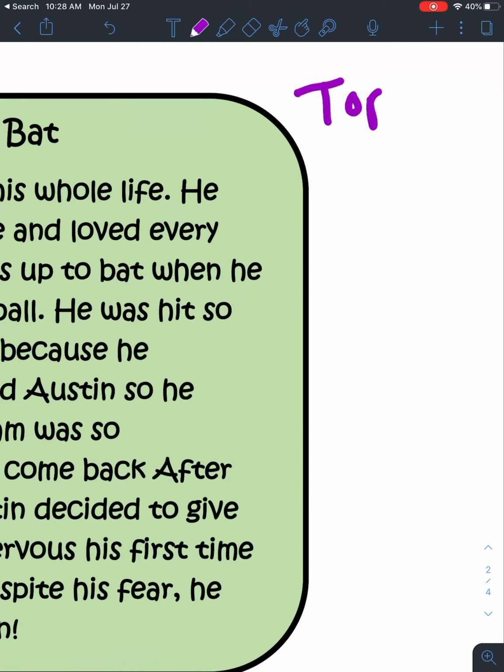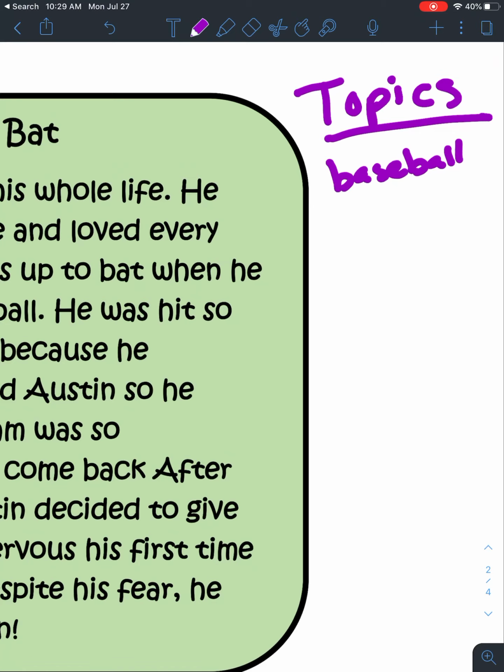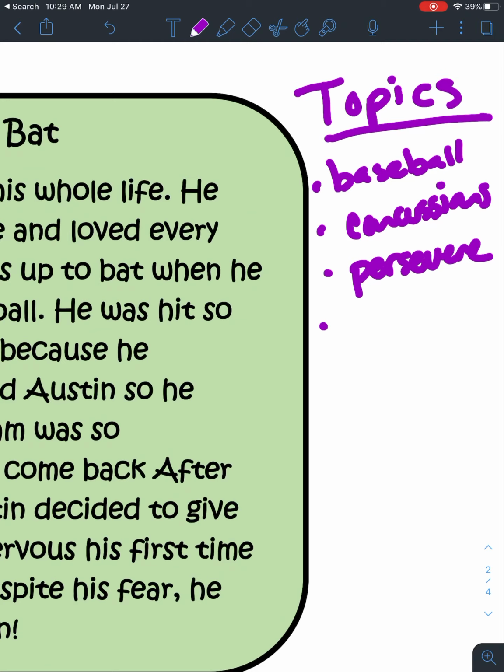Then I'm going to list for myself several topics that the story is about. So this story is about the topic of baseball. That would be one. Another topic that this is about is concussions. Those are pretty basic though. Let's start thinking about bigger things. It's about persevering. It's about fear.